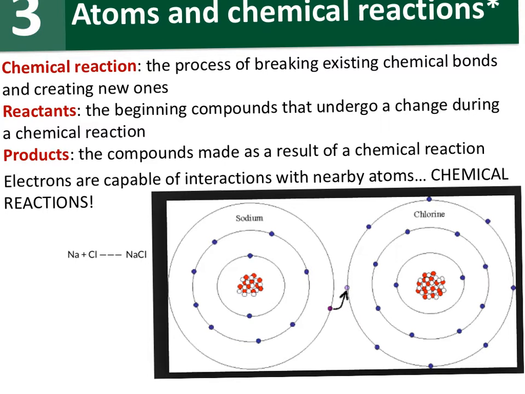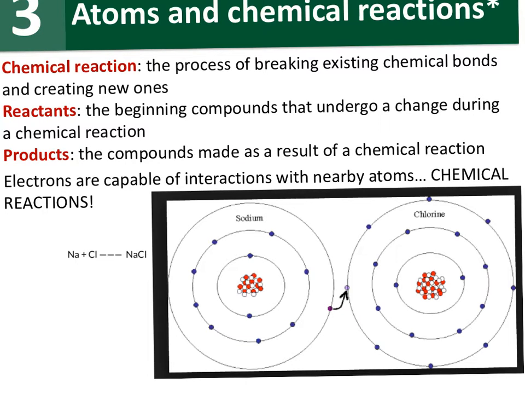And then chlorine, I'm not going to count it up, has a certain number, and sodium is going to donate an electron to the chlorine atom. Chlorine is a really highly reactive element, so it gobbles up as many electrons as it possibly can. It's like a slothful creature that just can't keep its hands off of anybody else's electrons.